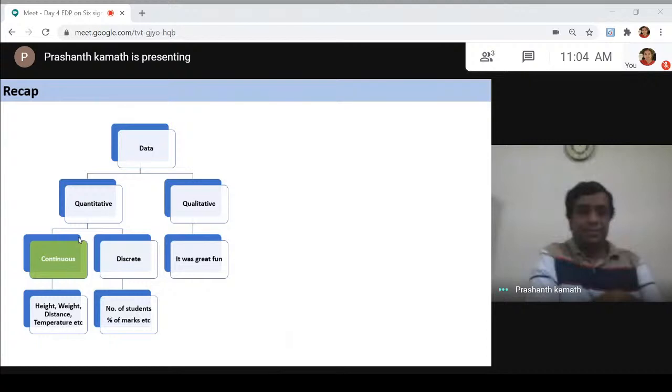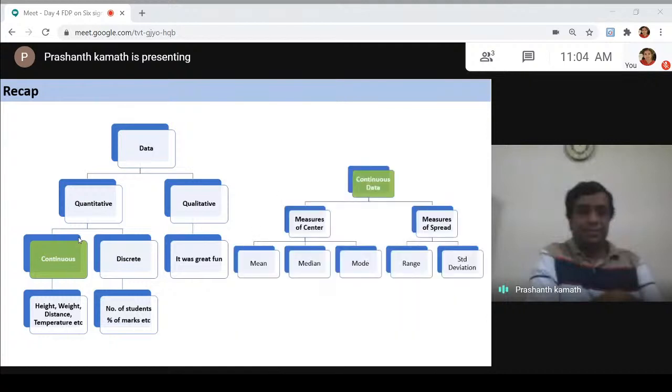Then we went into continuous data, that is data which can be measured, like height, weight, distance, temperature, etc. Within continuous data, we saw measures of center and measures of spread, where in measures of center, we understood what is mean, which is also known as average, what is median, which is also known as the mid value of a data set. Mode is the number of times a data occurs in a given data set.